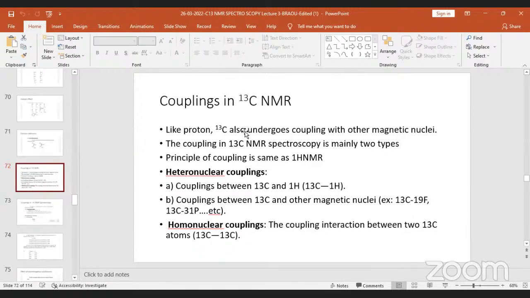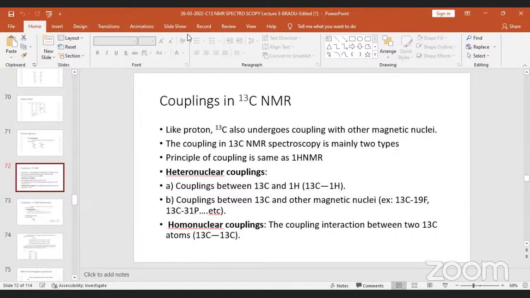So similarly, C13 nuclei also undergo coupling when they are attached to magnetically non-equivalent nuclei. Especially in organic molecules, generally we deal with protons. Proton also is magnetic, and carbon is normally connected to hydrogen, different types of hydrogens. So carbon can couple with hydrogen because of the interaction of carbon nucleus with hydrogen nucleus.